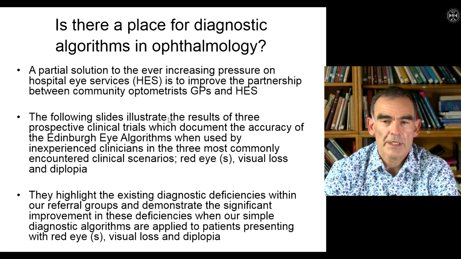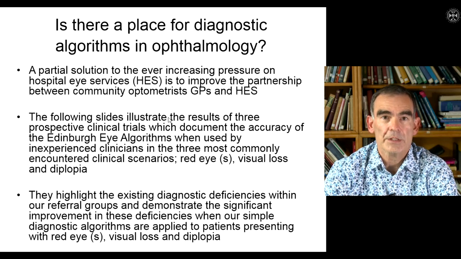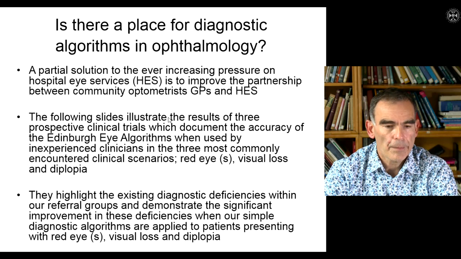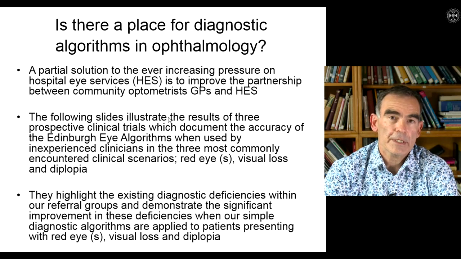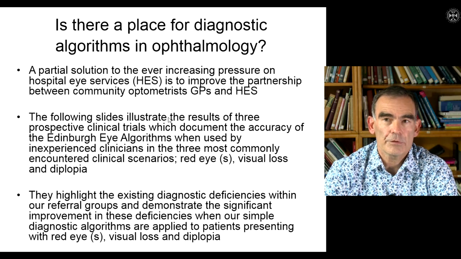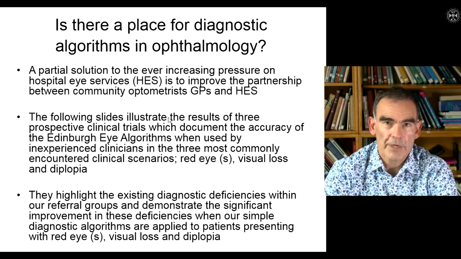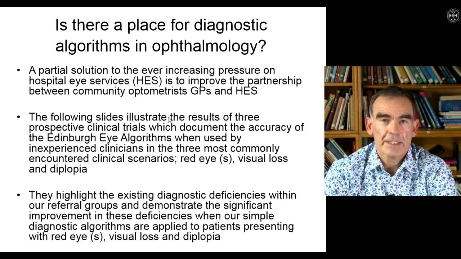So one way of trying to substitute, a second best solution, is having these little diagnostic algorithms, which are effectively the written manifestation of the thought processes of more experienced clinicians. And the idea would be that if you're doing some learning before you come in the clinic, then the chances are, if you're understanding the principles of how you start to approach patients presenting with red eyes, visual loss and double vision, then you're effectively hitting the ground running.